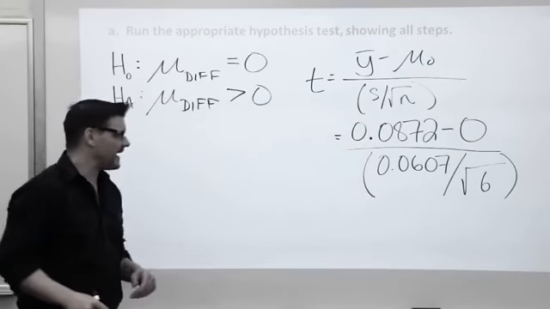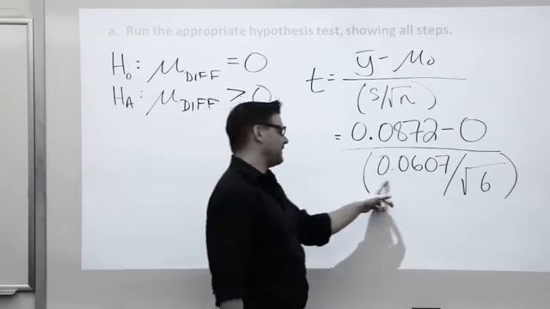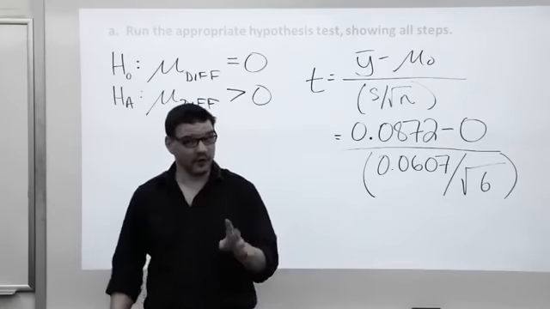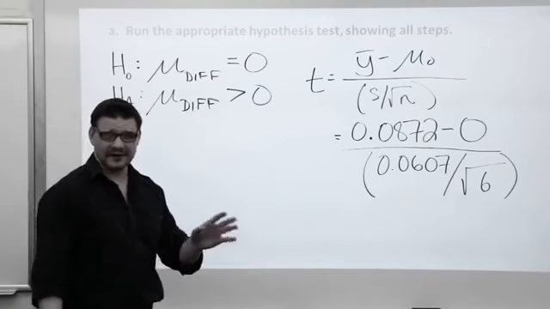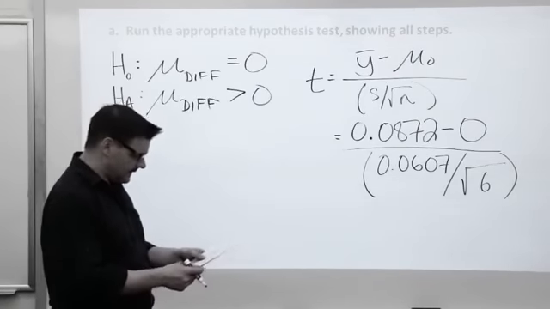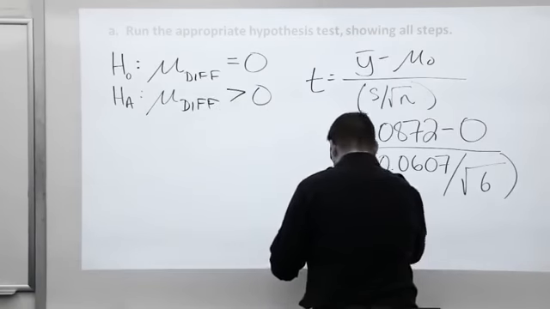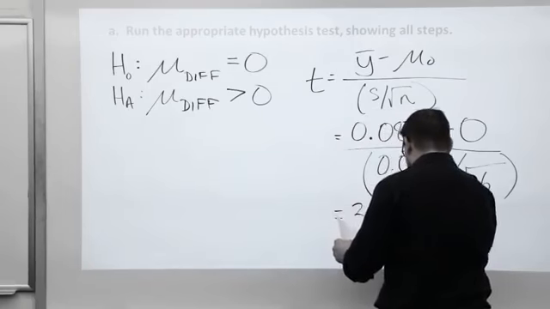Just one thing popped into my head. We're working with these tiny little decimals. Make sure you carry this out to probably 4 places, because if you start rounding, you're going to get wildly different values after you do the calculations. So put that in your calculator. This turns out to be 3.519.